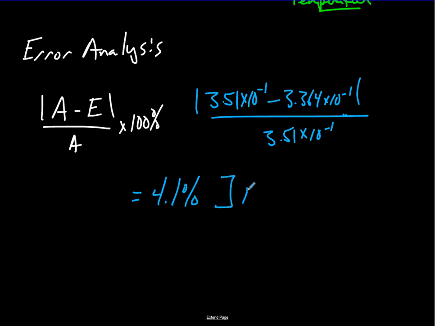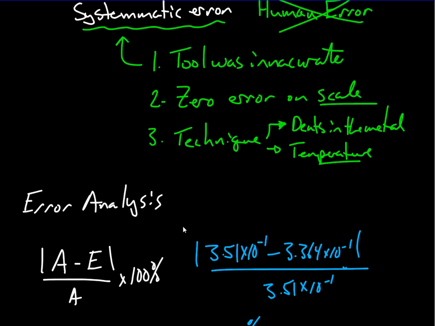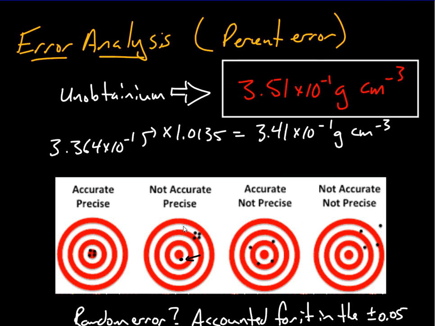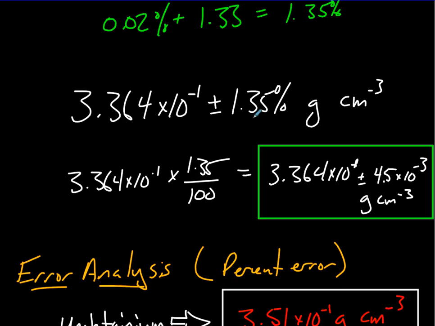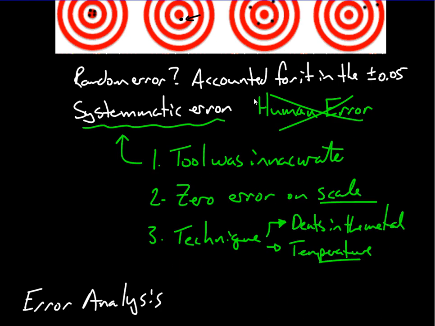We would call this the error or percent error. All right, and this is going to give you a numerical measure, basically, of how well you did. So you're off by 4.1%, but you're only allowed to be off by 1.35%.